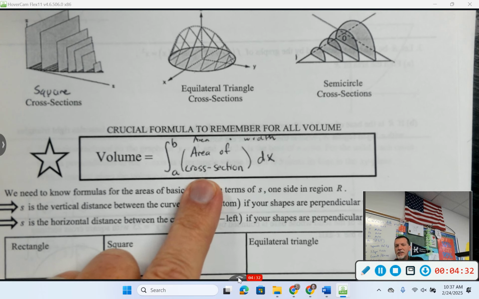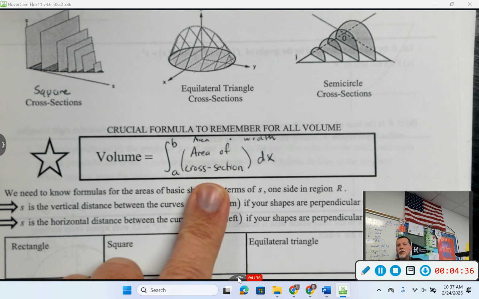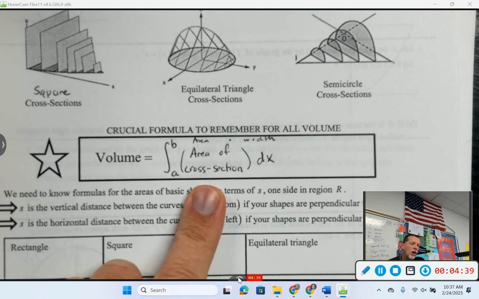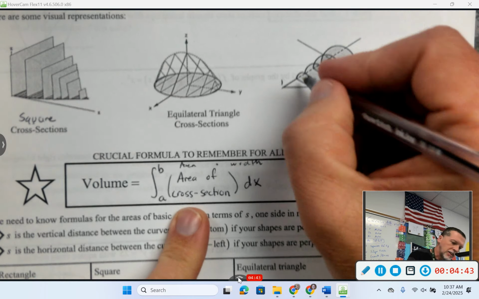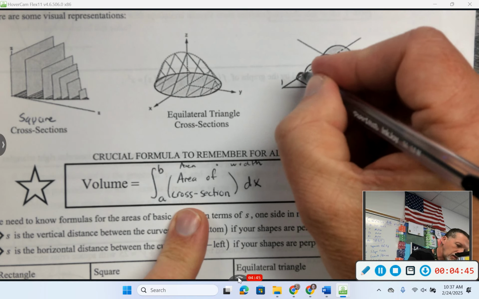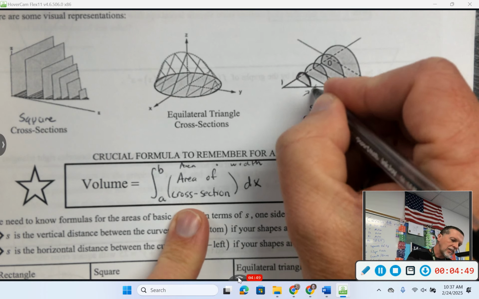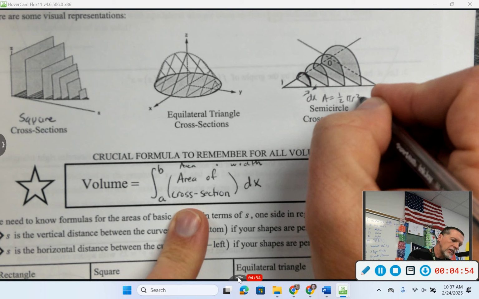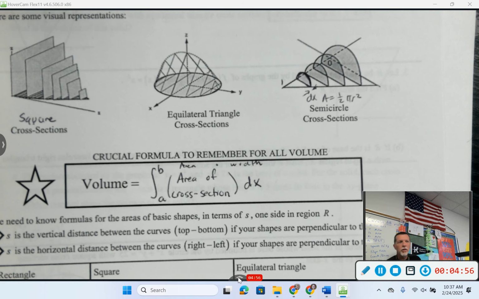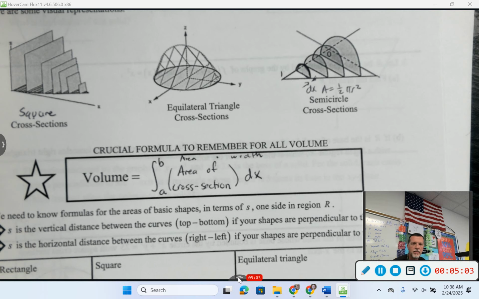Again, that's a little misleading because the areas are different, so what goes into the formula is different, but the format is the same. We're adding up all of those slices. Like this semicircle right there, it's got a thickness of dx, it's got an area of 1/2 pi r squared, so we multiply 1/2 pi r squared times dx, that gets us the volume of that little slice, and then we add up all the slices.